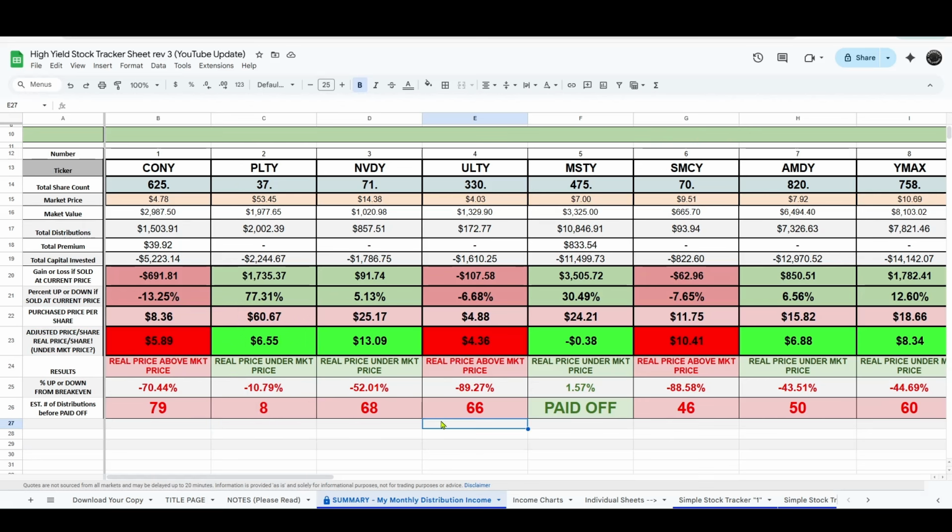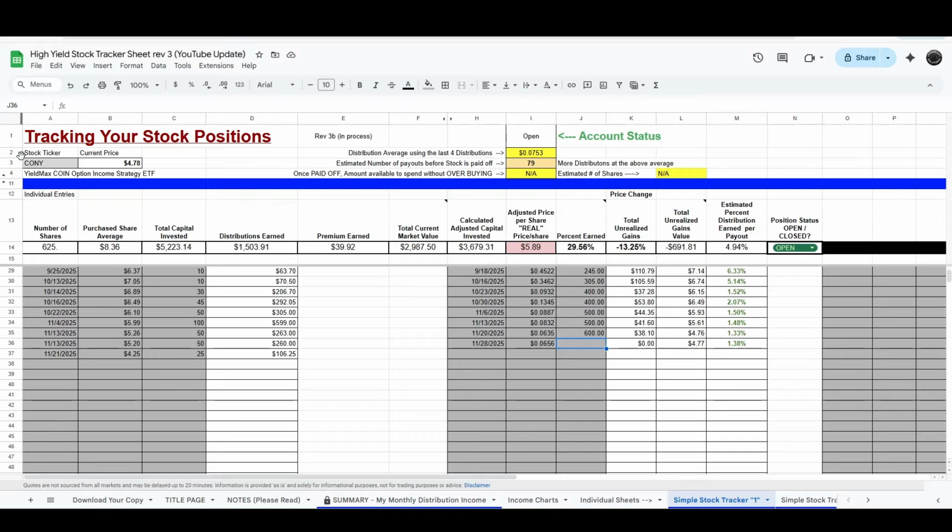So let's jump right over and start entering in our distributions to find out what my real price per share will change to on each one of these. We'll start right off here with CONY. I have already entered those distribution rates right here. As you can see, on 11/28, we earned 0.0656 for CONY.